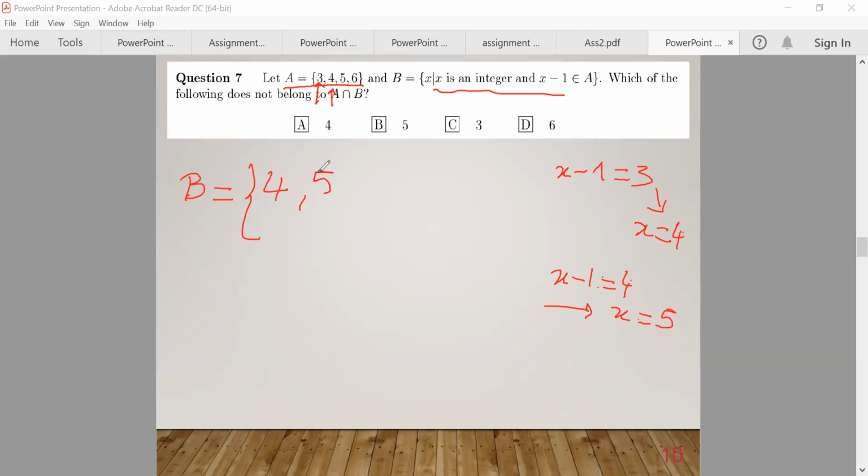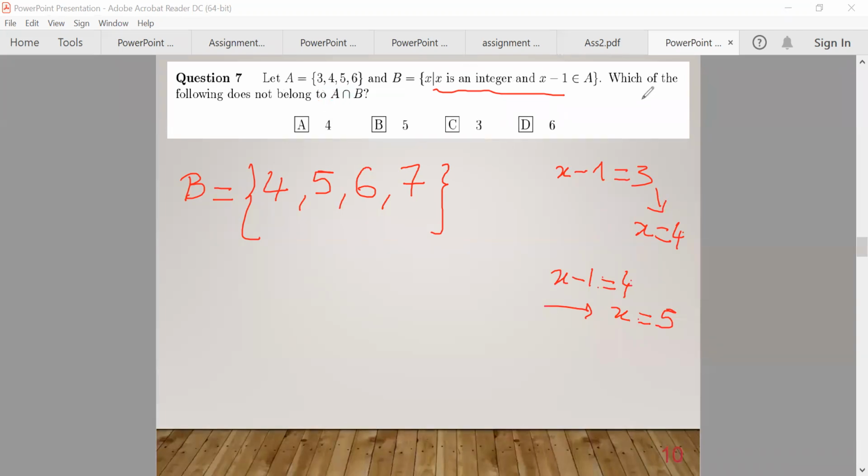So the second element is 5. Same thing: X minus 1 equals 5 gives X equals 6. X minus 1 equals 6 gives X equals 7. So this is the set B. It has 4 elements in this case.